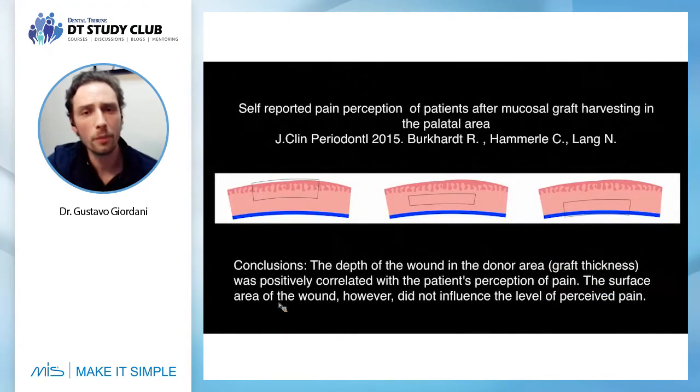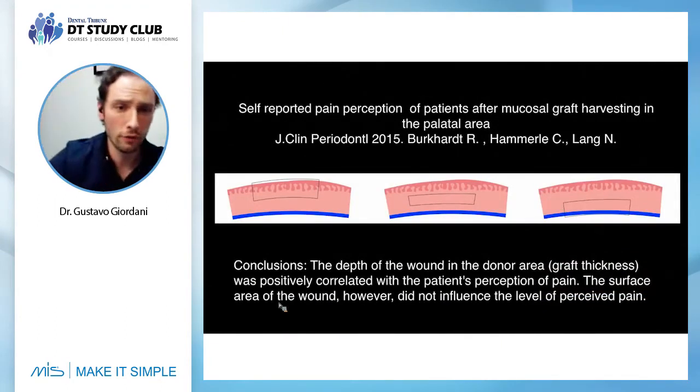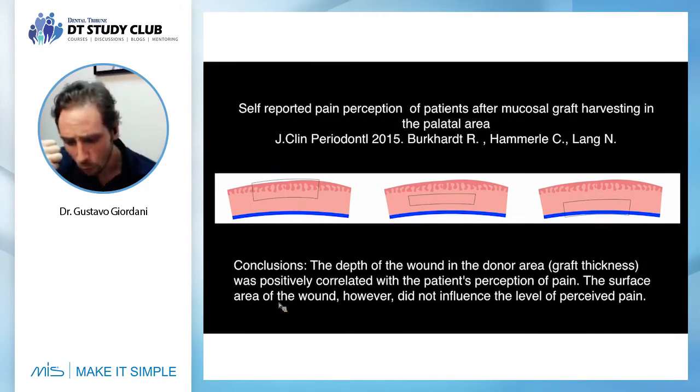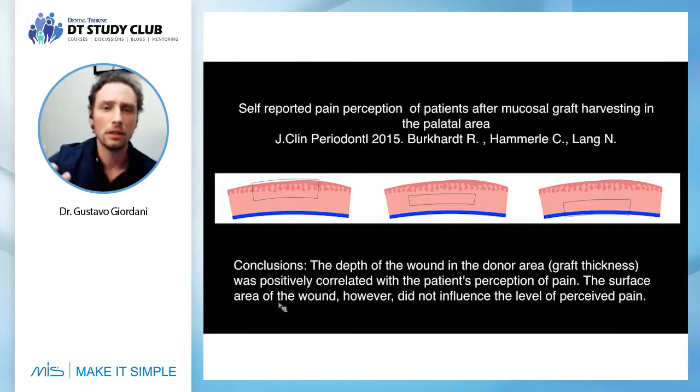And we know from this technique and also from this paper from 2015 in the Journal of Periodontology, when you remove the soft tissue from the palate, the superficial part is the best for tissue quality and also for patient comfort, for the healing comfort.